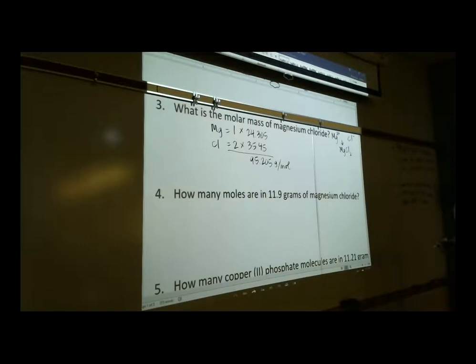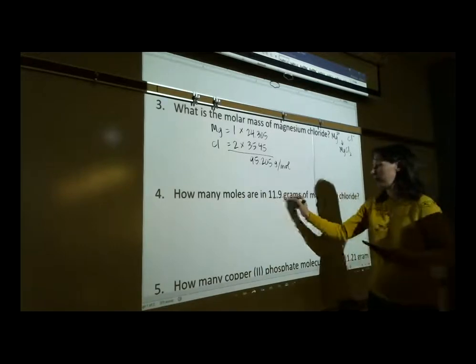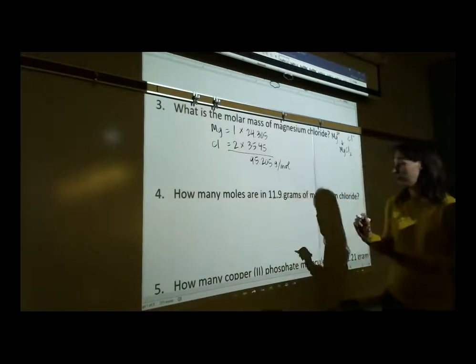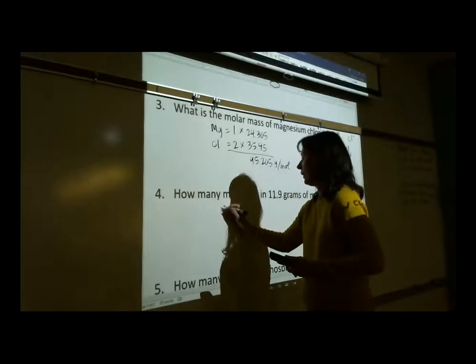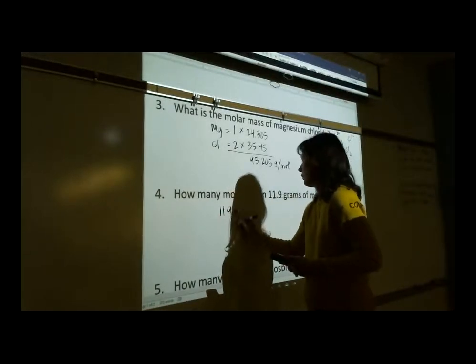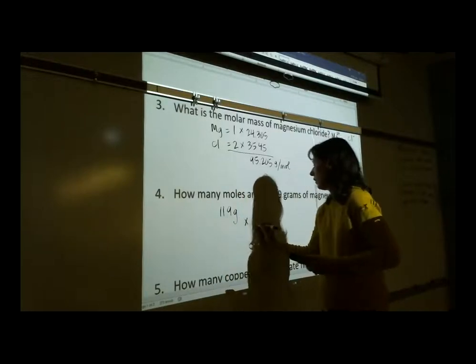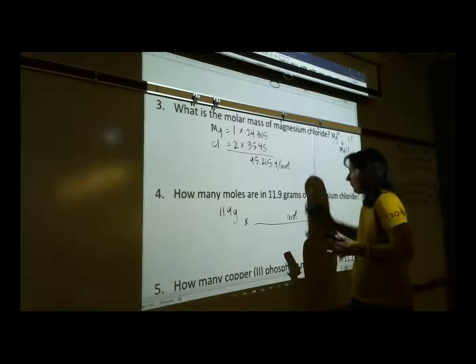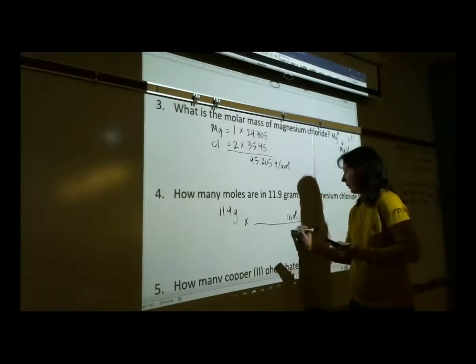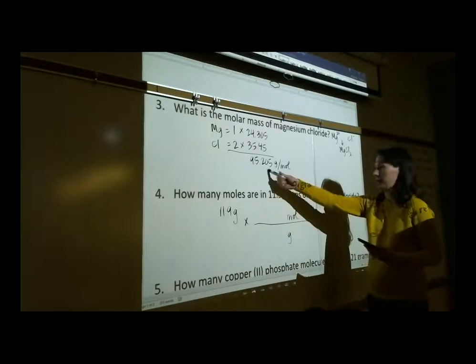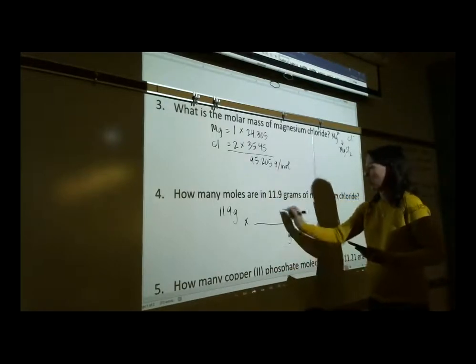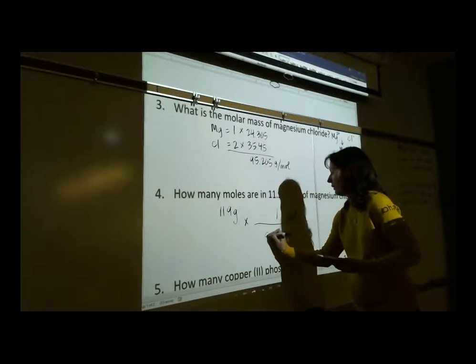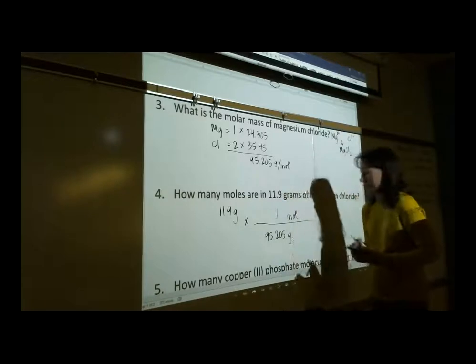All right, now we've got another question. Grams converting to moles. So 11.9 grams, we're converting it to moles. That means moles goes on top and grams are on bottom. So the molar mass is what goes with grams, right? 1 mole has a mass of 95.205 grams.